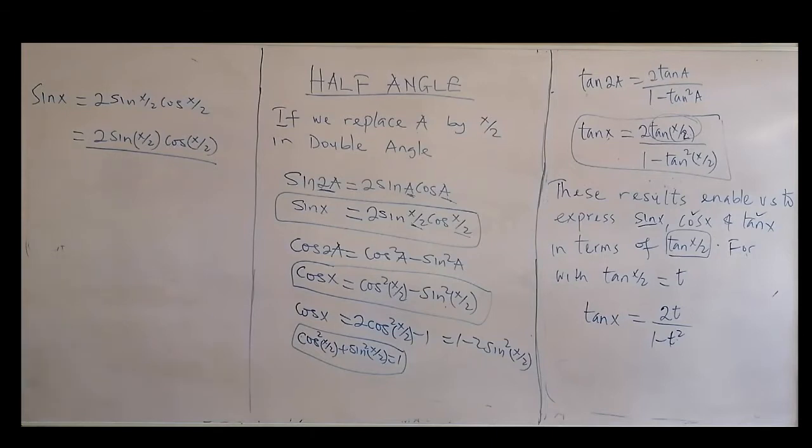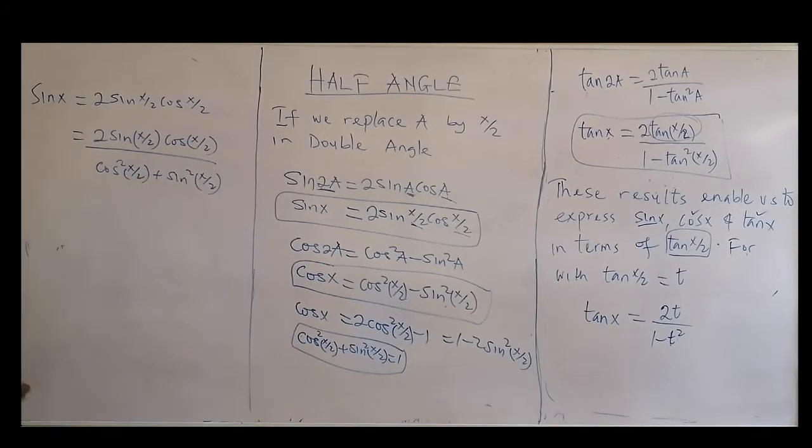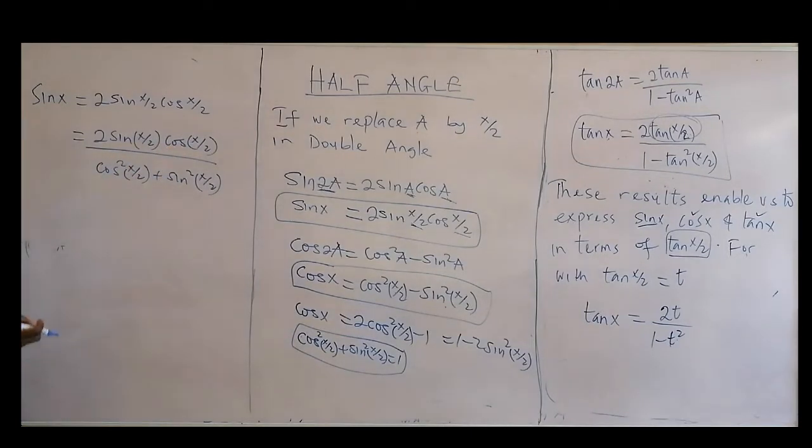And that 1 is going to be cos square x over 2 plus sine square x over 2. We have not changed anything, we're just doing manipulations so that we can turn this into the form of t.